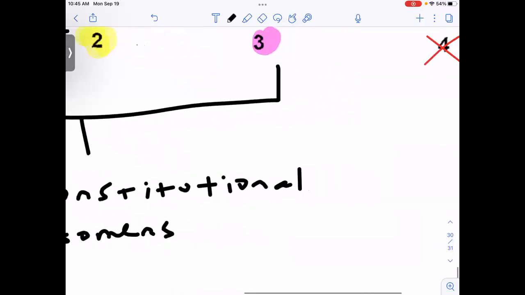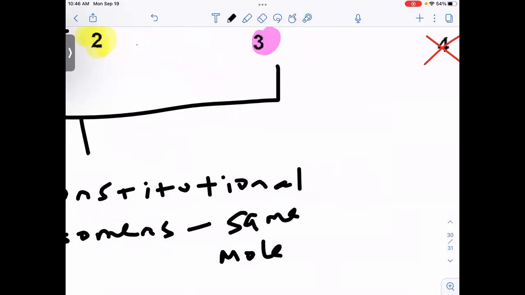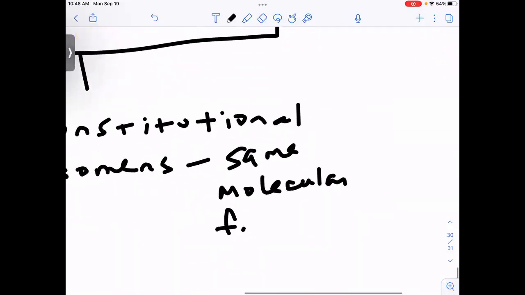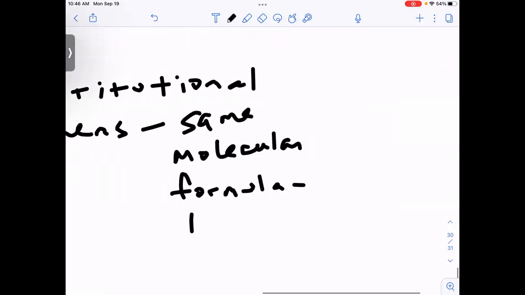They have the exact same molecular formula, but they have different structures.